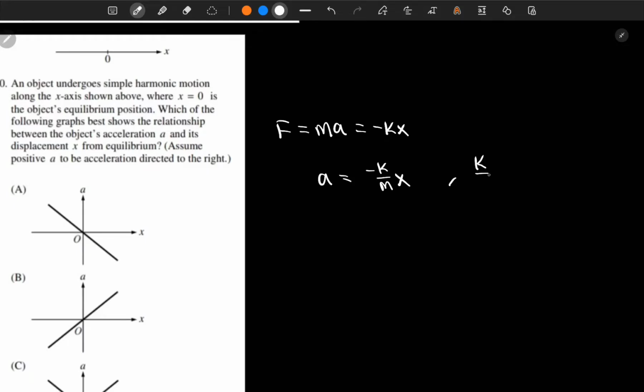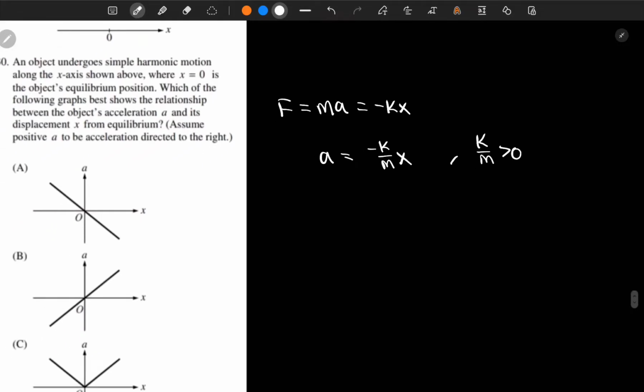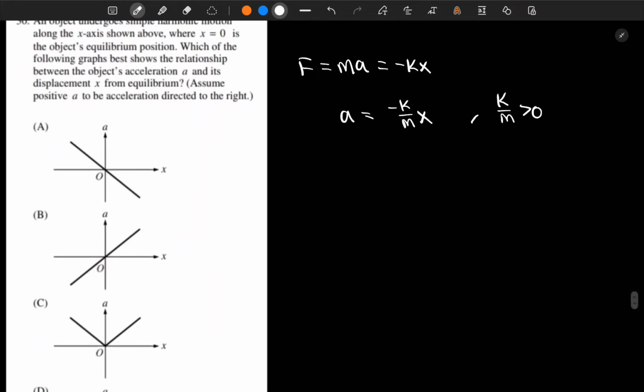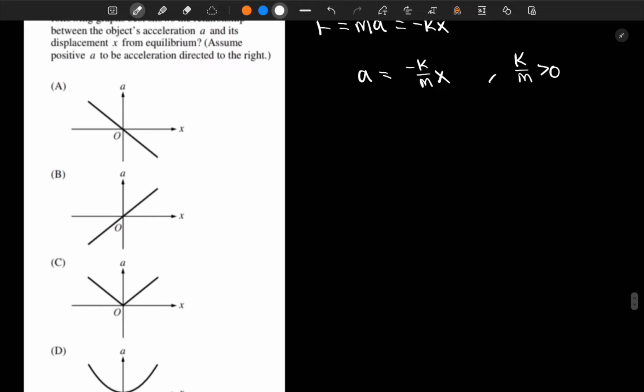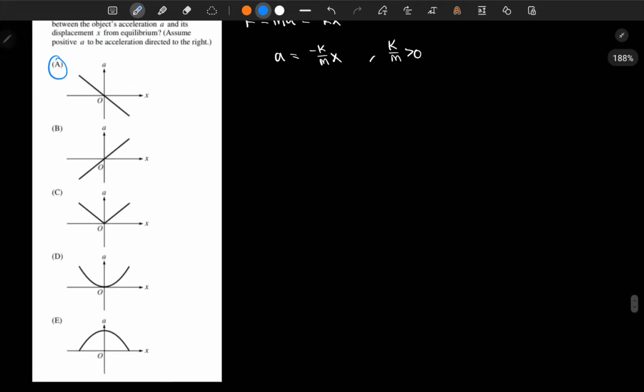But k over m is positive, as both k and m are positive. So the negative value means that we have a is equal to x times some negative constant. This is the equation for a line passing through the origin with a negative slope. So the answer here is A, as that's the only line with a negative slope passing through the origin.